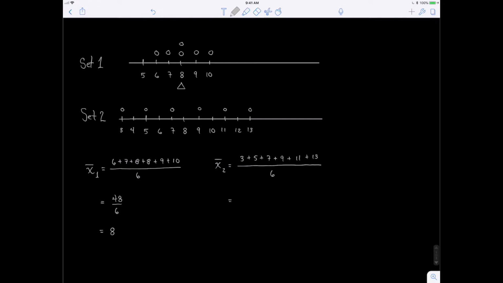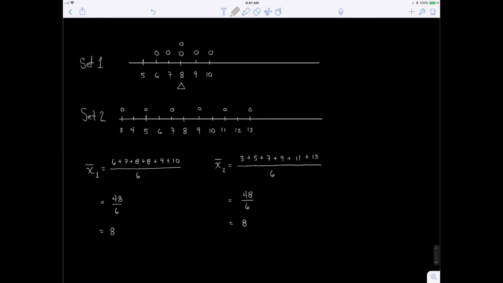So when we start adding these up, 3 plus 5 is 8. 8 plus 7 is 15. 15 plus 9 is 24. 24 plus 11 is 35, plus 13 is 48. Well, look at that. They both have the same means.